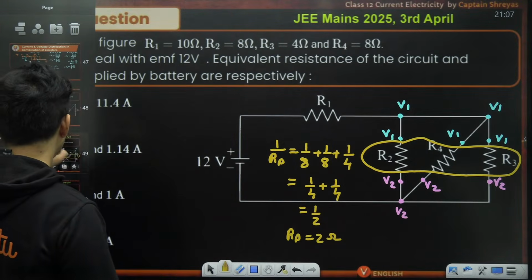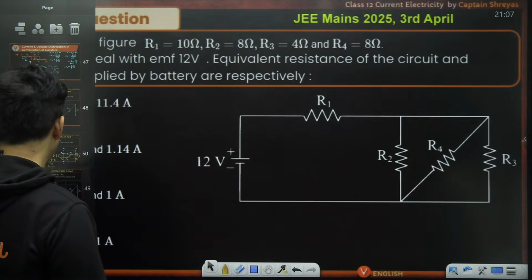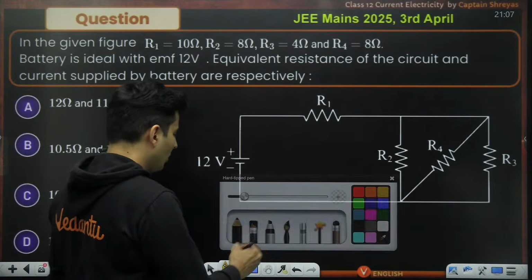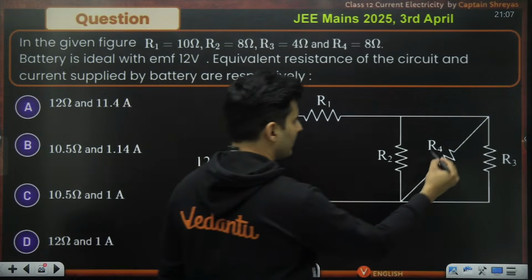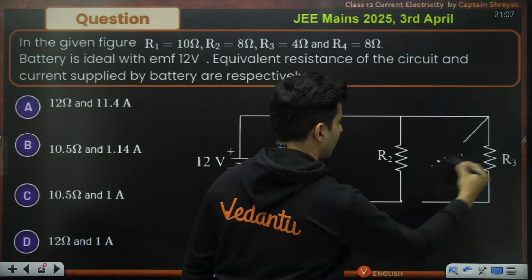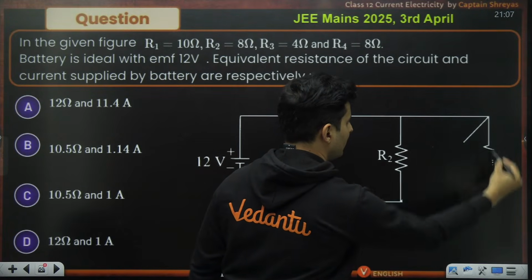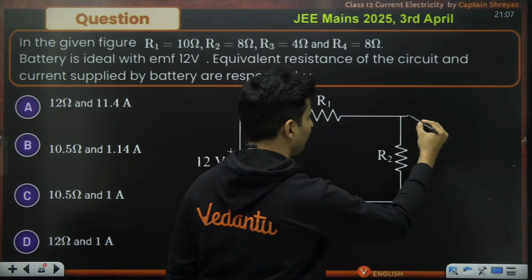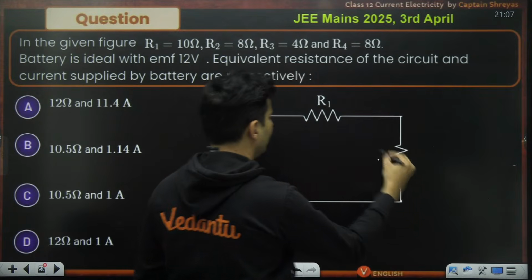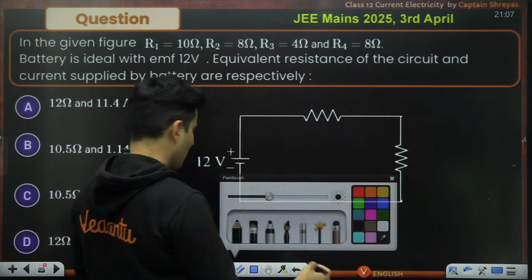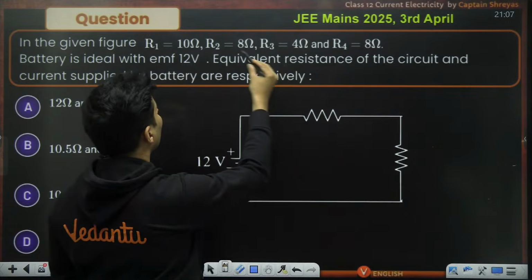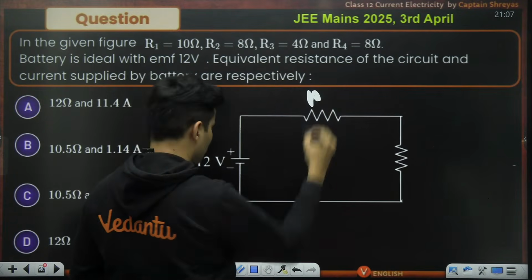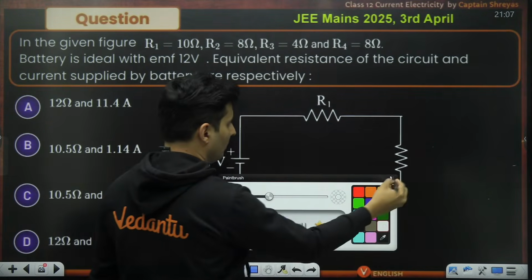So what we can do is we can get rid of all these three resistors in total, and then we can say, listen bro, this was R1, right? R1 was how much? 10 ohms.